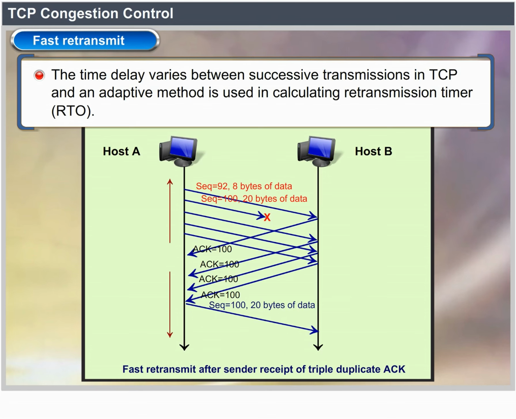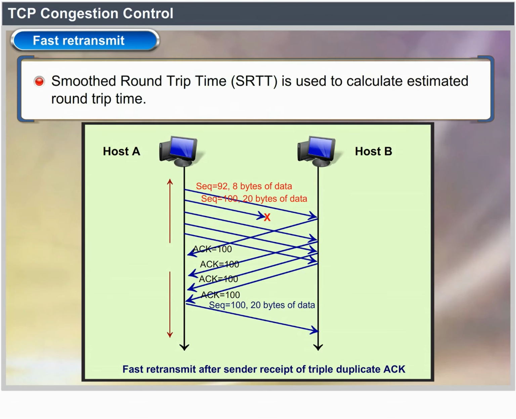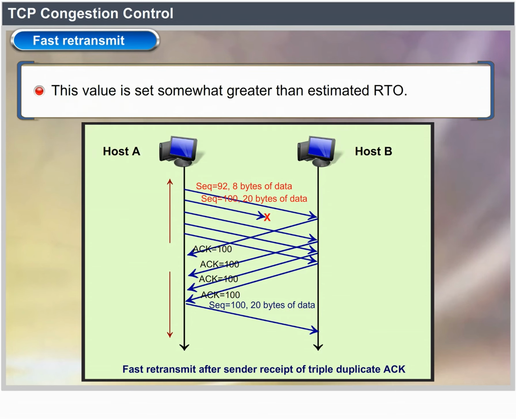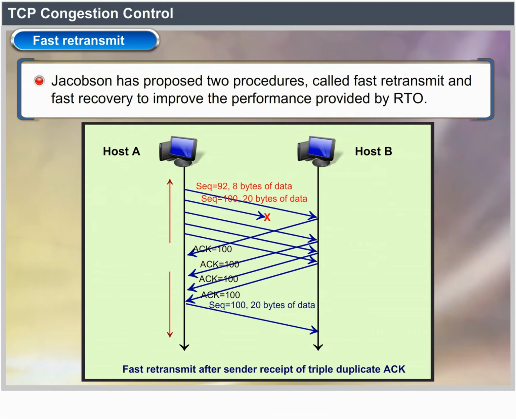Smoothed round trip time SRTT is used to calculate the estimated round trip time. This value is set somewhat greater than the estimated RTO. Jacobson has proposed two procedures called fast retransmit and fast recovery to improve the performance provided by RTO.